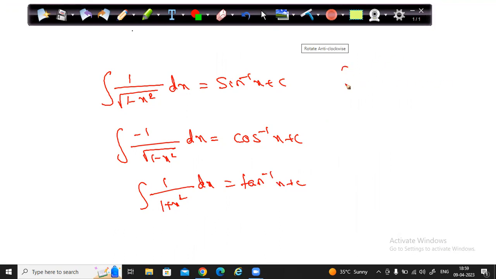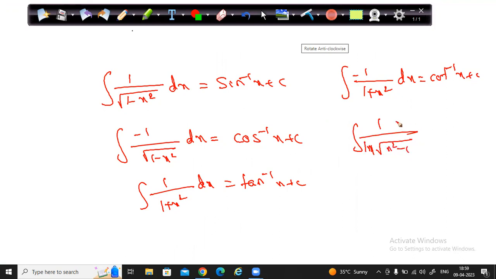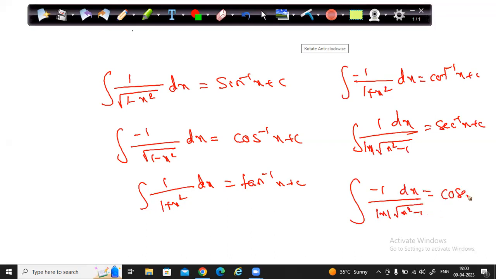The integral of minus 1 upon 1 plus x square dx is cot inverse of x plus c. The integral of 1 upon mod x into root of x square minus 1 dx is secant inverse of x plus c. The integral of minus 1 upon mod x into square root of x square minus 1 dx is cosecant inverse of x plus c.